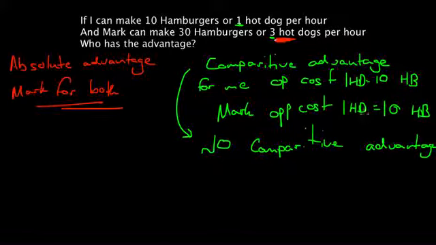Okay, so that's just a little bit of a question that sometimes comes up, so just be wary of that. If the opportunity costs for both of them are the same, then there is no comparative advantage for either the hot dogs or the hamburgers in this example.